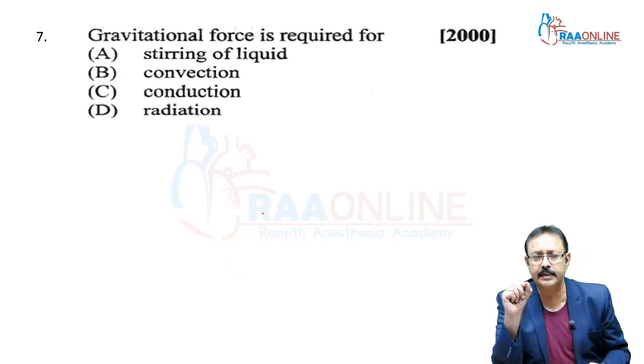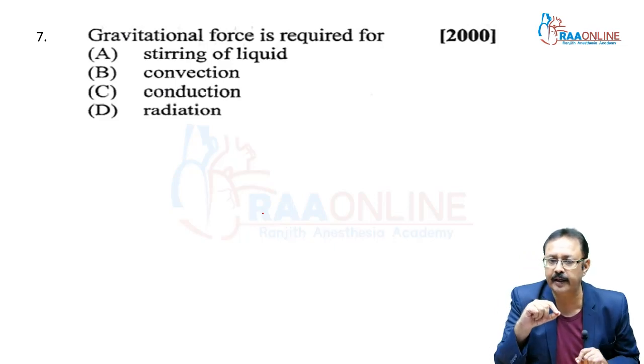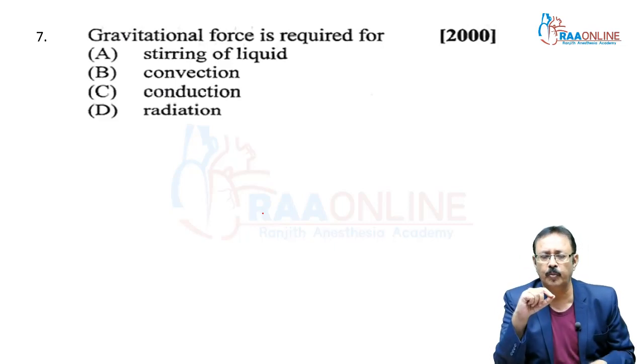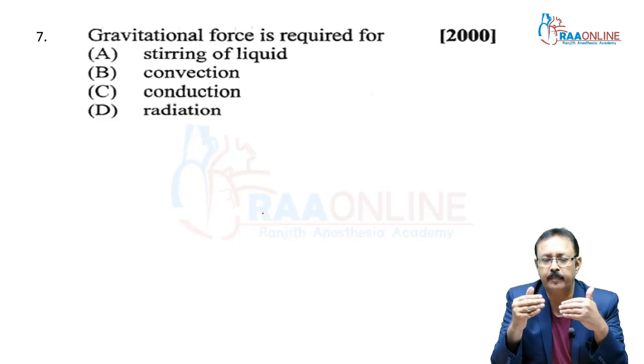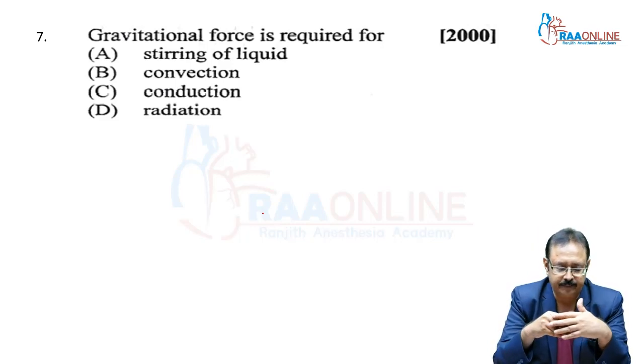Gravitational force is required for stirring of liquid: convection, conduction and radiation. You know that in radiation, no medium is required. In conduction, there is no use of gravity. Every particle is supplying energy to the nearby particle.